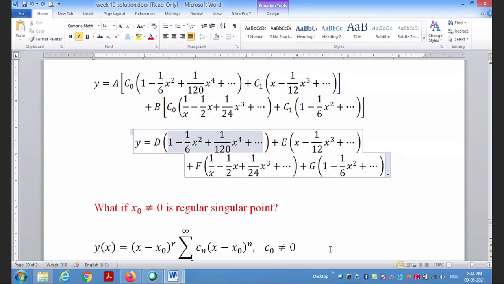In all the examples that we have shown you, we're dealing with x naught equal to 0. The question now: what if x naught is not equal to 0?